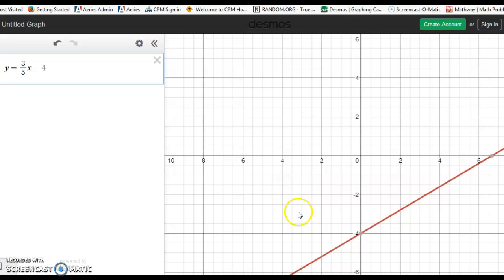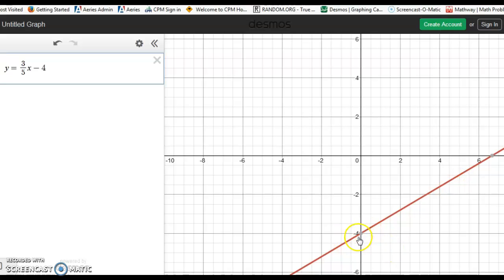So we can see our graph, -4, and I can go up 3, and then I can go over 5, so we should be at the point 5 comma -1, if I can get it roughly right there. Pretty close. Anyways, that point does exist on our graph.